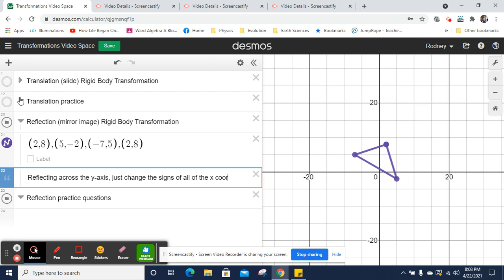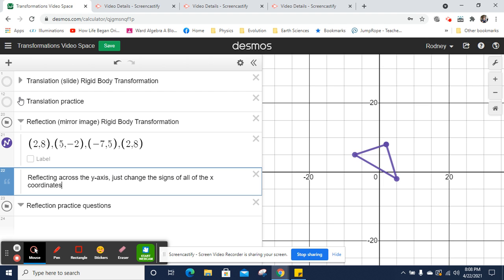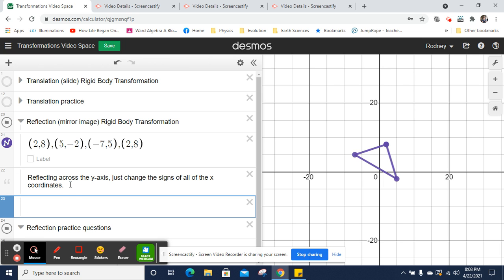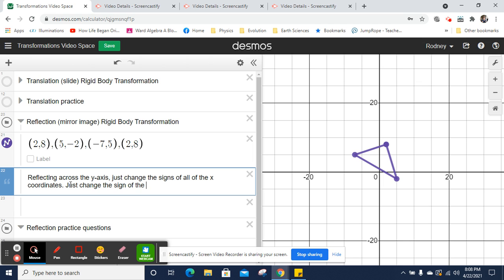And the reason for that is we're doing a reflection horizontally. Crossing over the vertical line of the y-axis means you are horizontally reflecting. And so x is the horizontal component of these points. So just change the sign of the x coordinate.